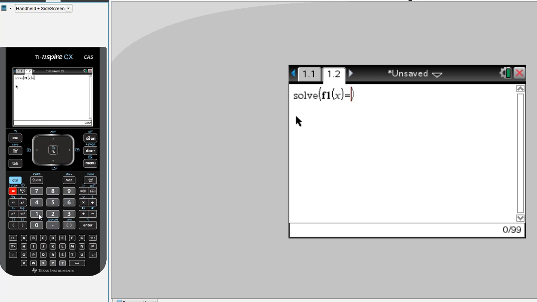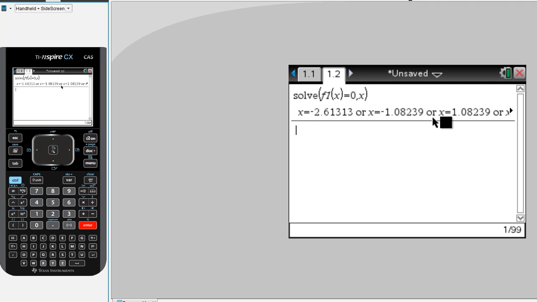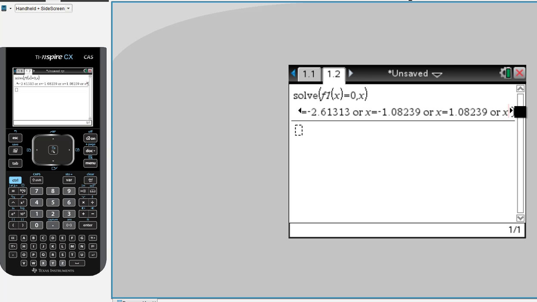When is f1 of x equal to 0, always comma x. So when x is minus 2.61 more or less, minus 1.08 or plus 1.08, and then we suspect that it will be plus 2.61. Okay.